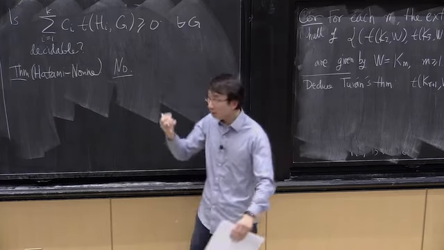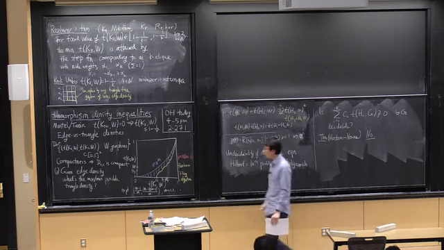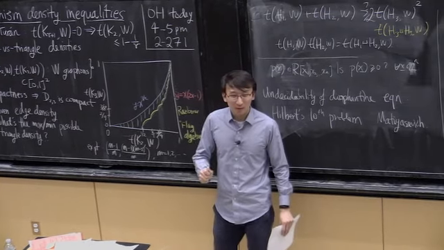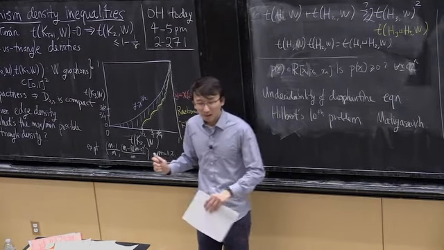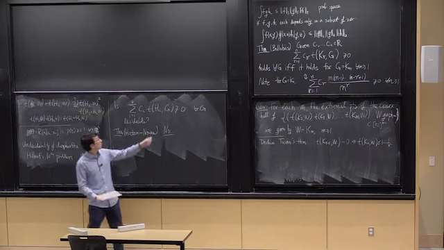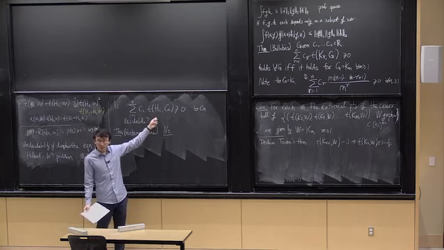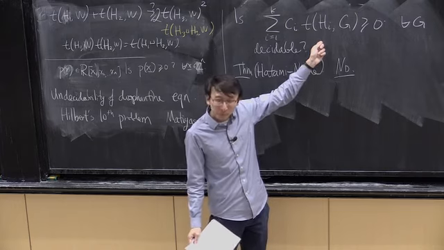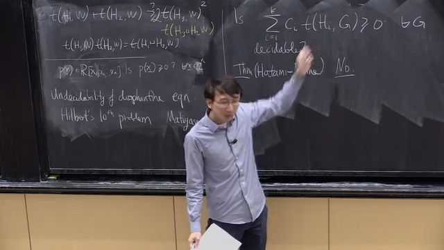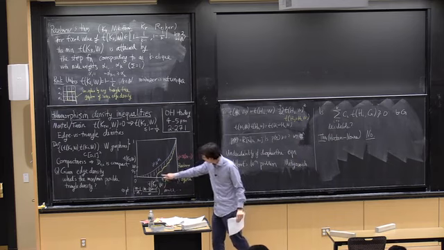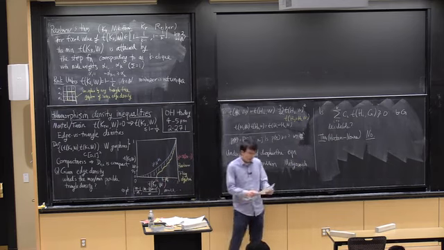I convert it to an inequality about points on this red curve, and that turns into a corresponding graph inequality, which must then be undecidable. So this undecidability result is related to the discreteness of points on this red curve.